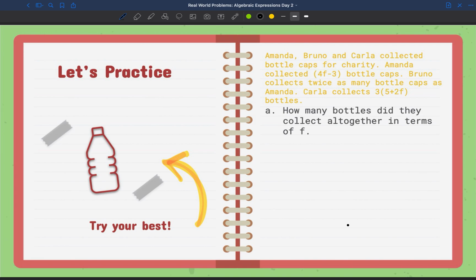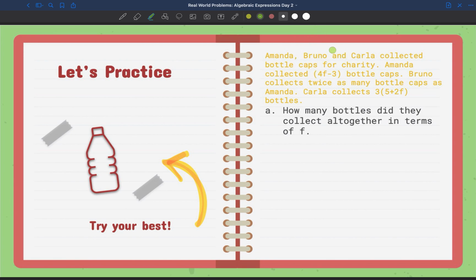Lastly, looking at our last practice problem, it says Amanda, Bruno, and Carla collected bottle caps for charity. Amanda collected 4F minus 3 bottle caps. Bruno collected twice as many bottle caps as Amanda. And Carla collected 3 times 5 plus 2F bottle caps.